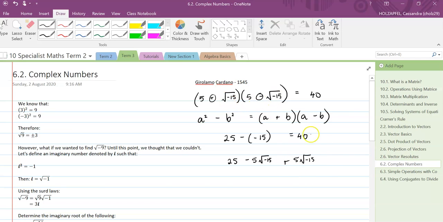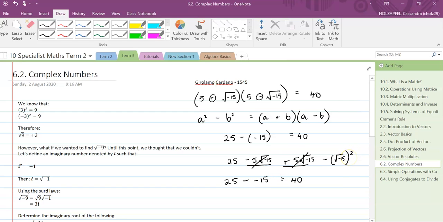And then again, we're going to have minus root negative 15 squared. So negative 5 root negative 15 plus 5 root negative 15, those two terms are going to cancel to 0. And then we have 25 minus, and again, the root of negative 15 squared is going to become negative 15. And so again, we end up with 40.